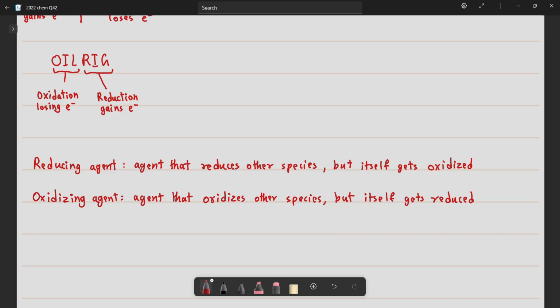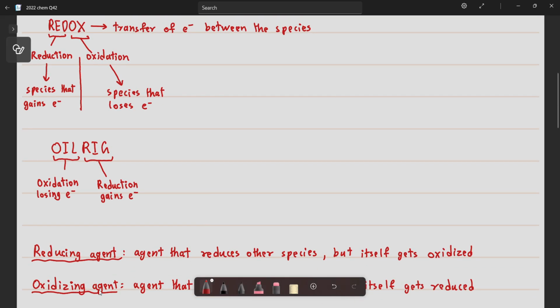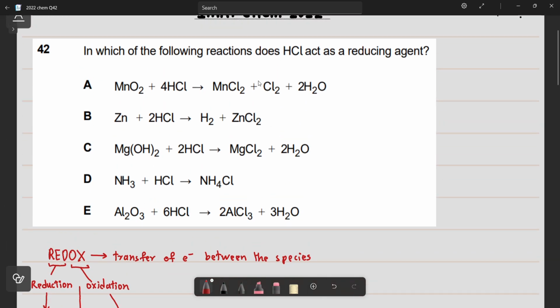So the species targeted by this agent loses an electron, but the oxidizing agent itself gets reduced, meaning it gains an electron from the other species. So that's the definition of reducing agent and oxidizing agent. These are the most important key points you must recall to solve this question.